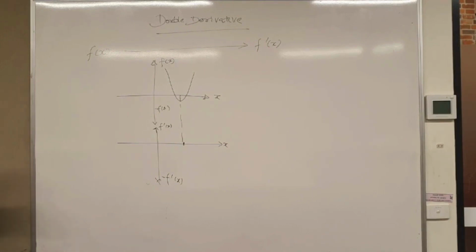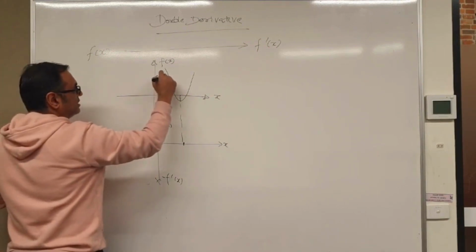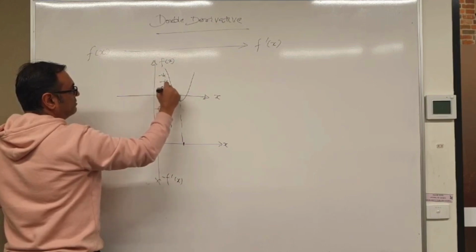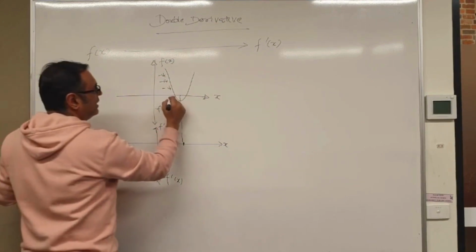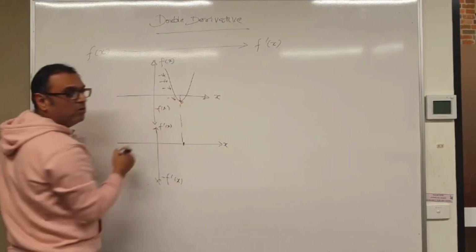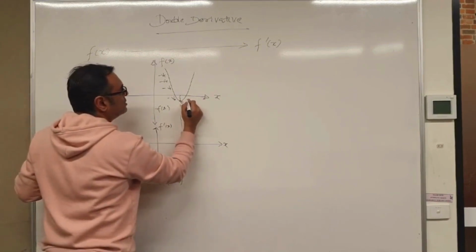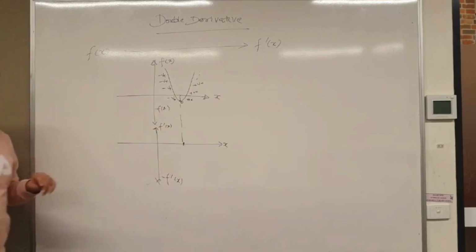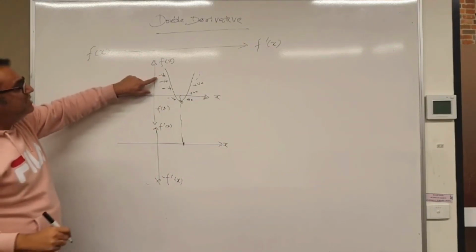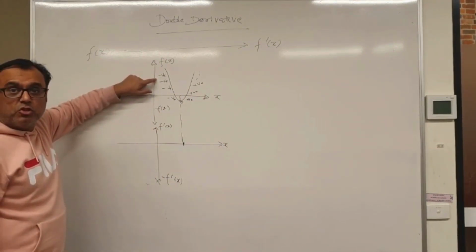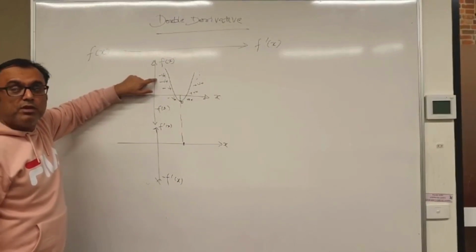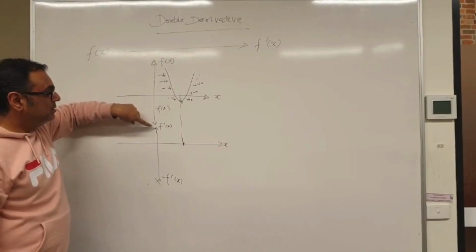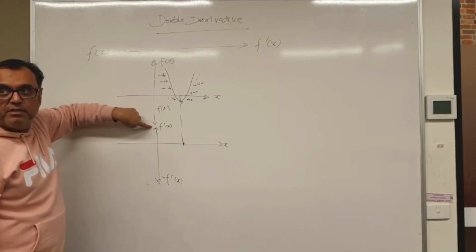Remember that? Then we said, okay, this is a negative slope, negative slope, negative slope, and then the negative slope becomes 0, and then positive, positive, positive, and so on. What is negative? The slope. What is slope? The derivative is the slope, right?